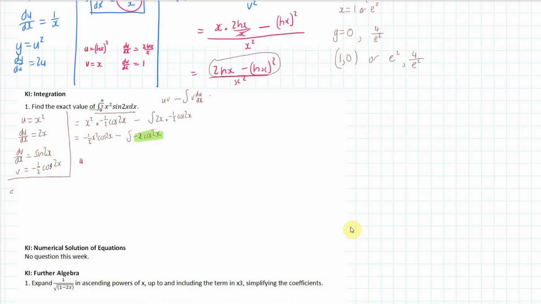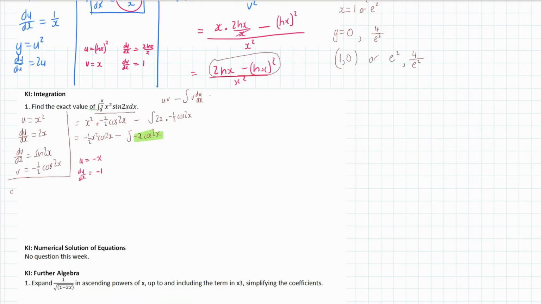So I'm going to say u is equal to negative x. So du dx is therefore equal to minus 1.